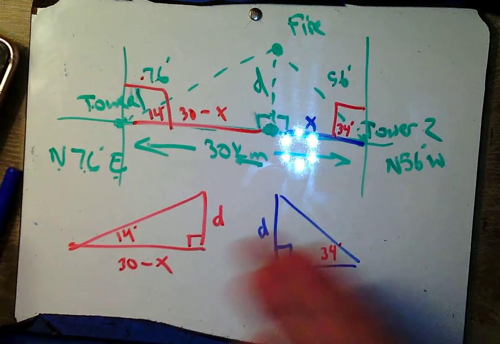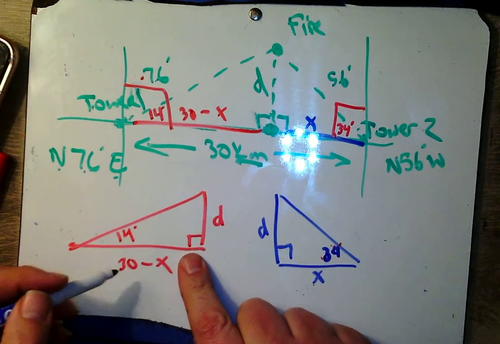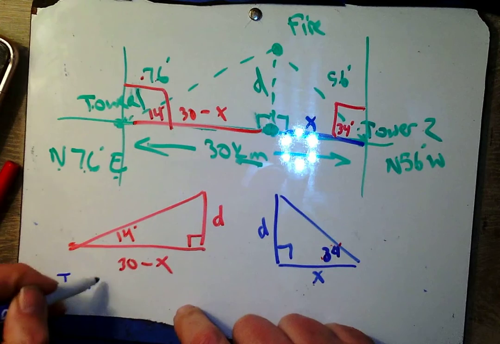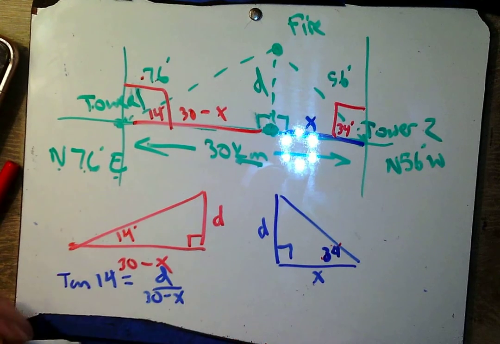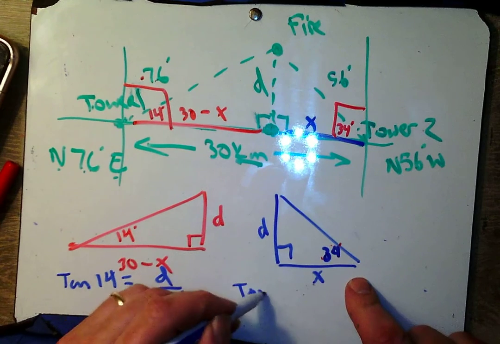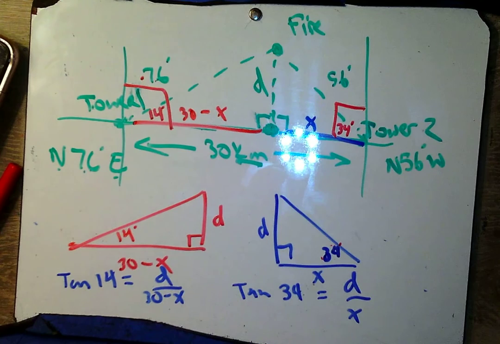Now, can you write me an equation for each of these? Sure. So here we're going to have tangent of 14 equals d over 30 minus x. Here we're going to have tangent of 34 equals d over x.